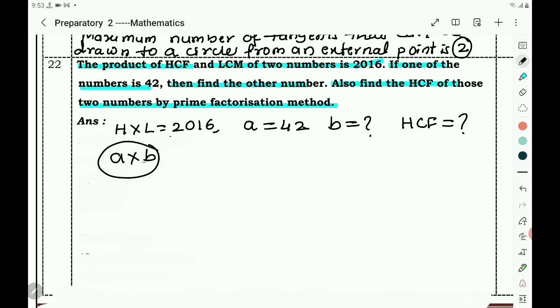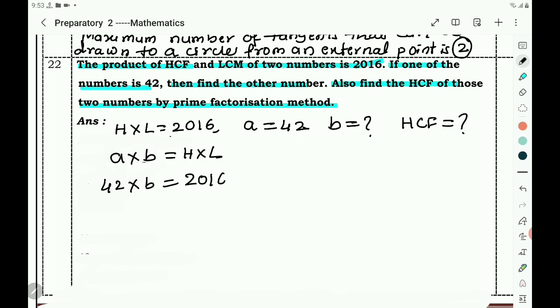Now by using the relation A into B is equals to H into L, or H into L is equals to A into B. Here B is to be find out. Then B equals H into L by A. So you write A into B. A is 42 into B equals H into L is 2016.